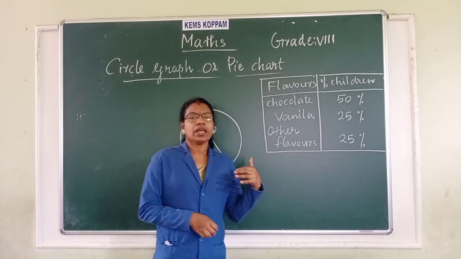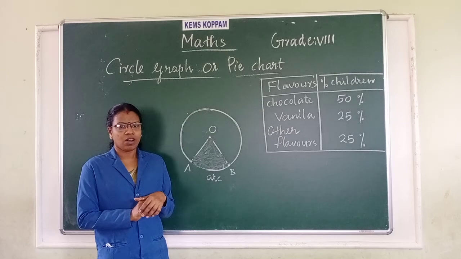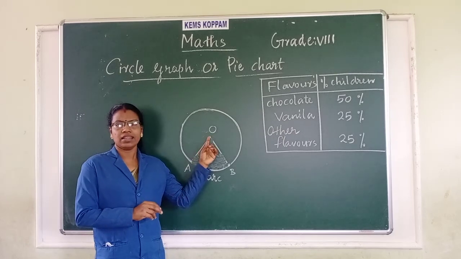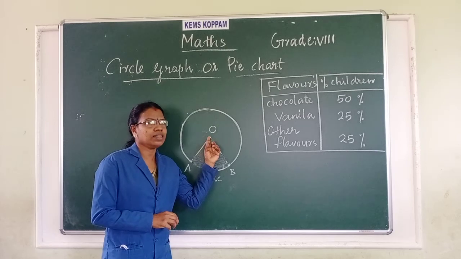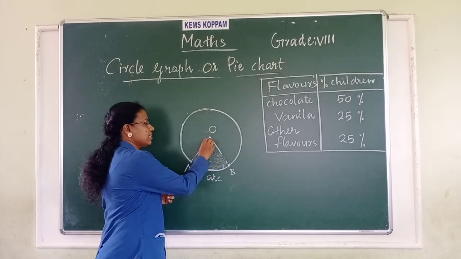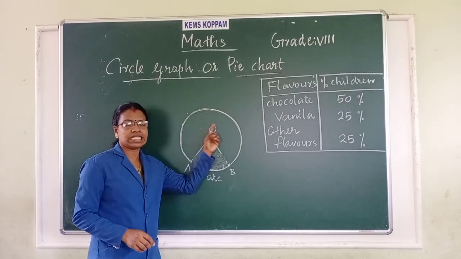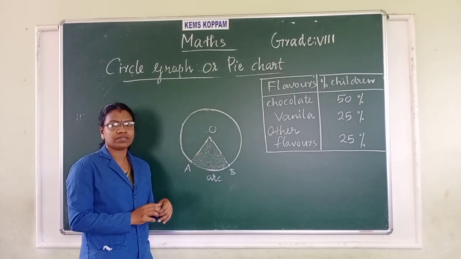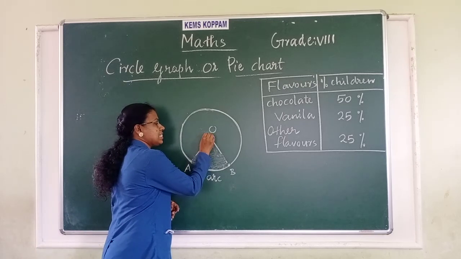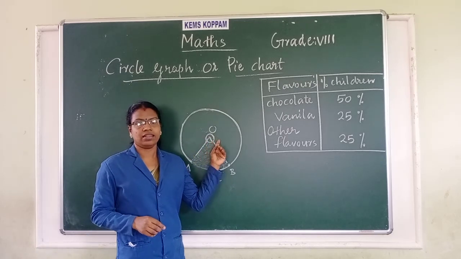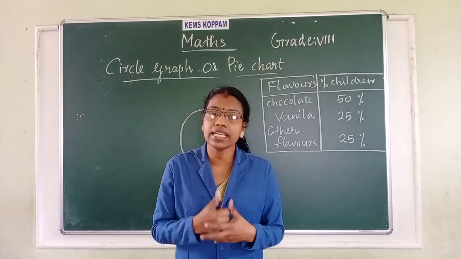Then, do you know the total angle or the central angle in a circle? This is the central angle. What is the total angle at the center of a circle? It is 360 degrees.